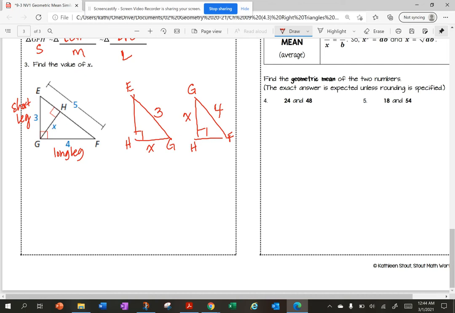So I can solve this more than one way. So one way I can solve it is the same ratios in 2 different triangles. I could say the hypotenuse divided by the long leg. So here's the long leg. Long leg.